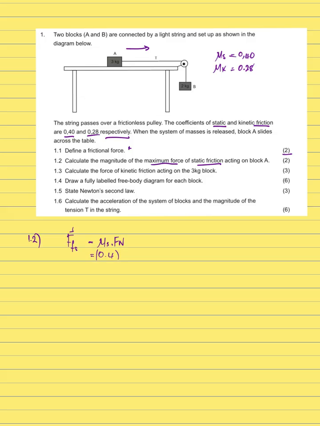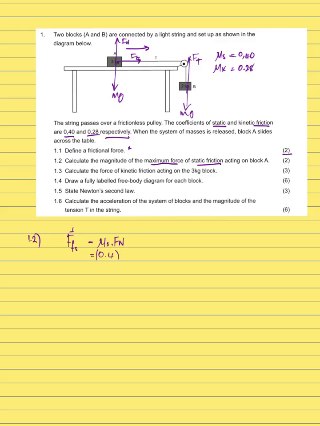Now, because it's on a flat surface, I know that I've got mg going down, Fn going up, and over here I've got Ft. So if you can see that. All right, so Fn here would be equal to mg, right?